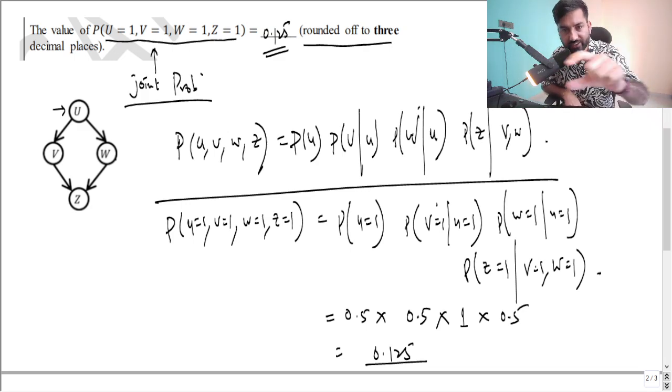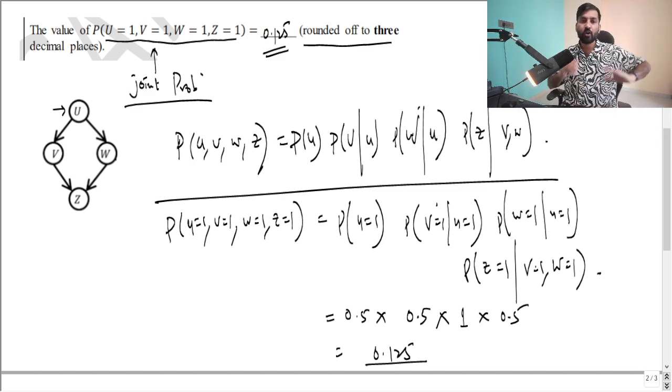See, you don't have to write these formulas. Let me tell you, only the joint probability you have to write, and then directly take the values from the table and multiply them. Don't write and waste your time. Because in the GATE examination you have to get the answers at the end of the day, and the answers should be correct. So at least you can write the formula, because writing the formula will give you an idea.